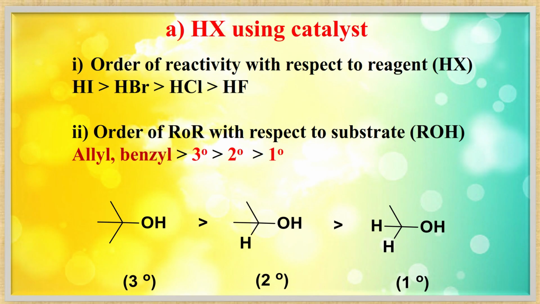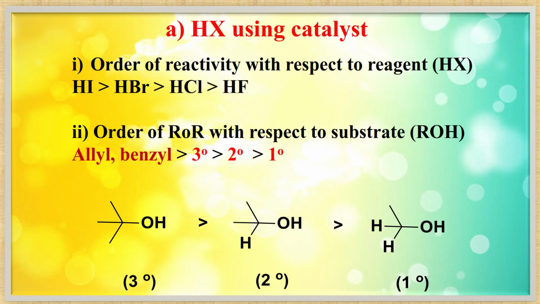Remember the reactivity order is first benzyl or allyl, then tertiary alcohol, then secondary alcohol, then primary alcohol. You can see on the screen also 3 degree alcohol, 2 degree alcohol, 1 degree alcohol. But remember students, removing the OH group from alcohol is not so easy, because OH is not a good leaving group.